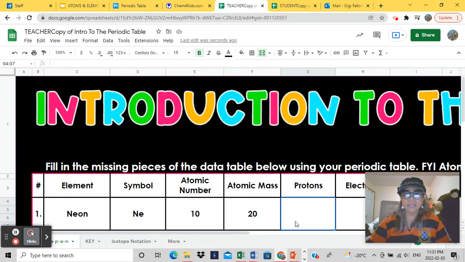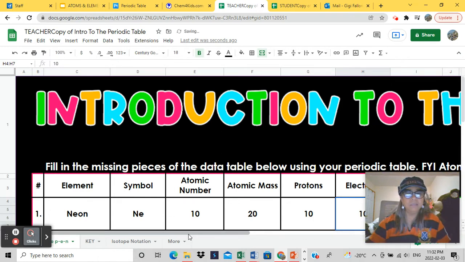We said that this is now the same as the atomic number. So you need to type in 10 here, okay? And electrons. So how do we deal with the number of electrons? It is also equal to, did I hear that? Yes, it is also equal to a 10 here, right?